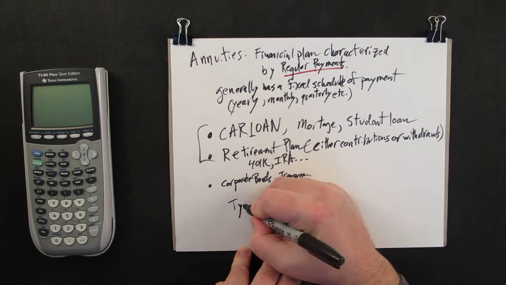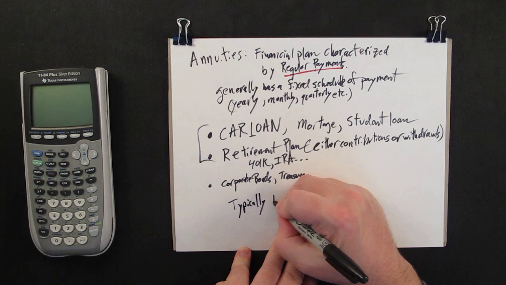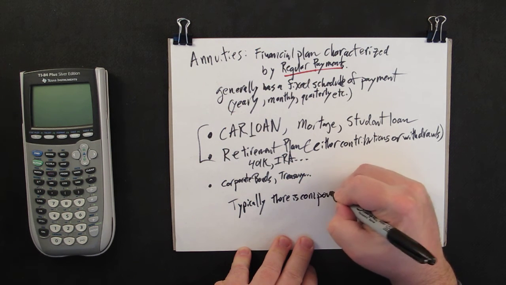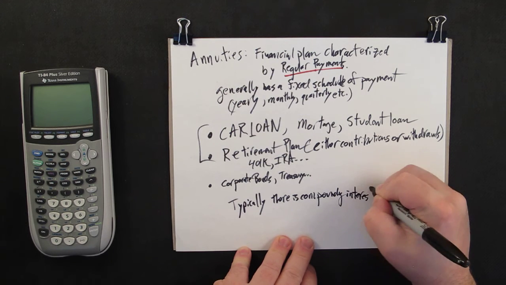And typically, there's compounding interest. And so that's important.